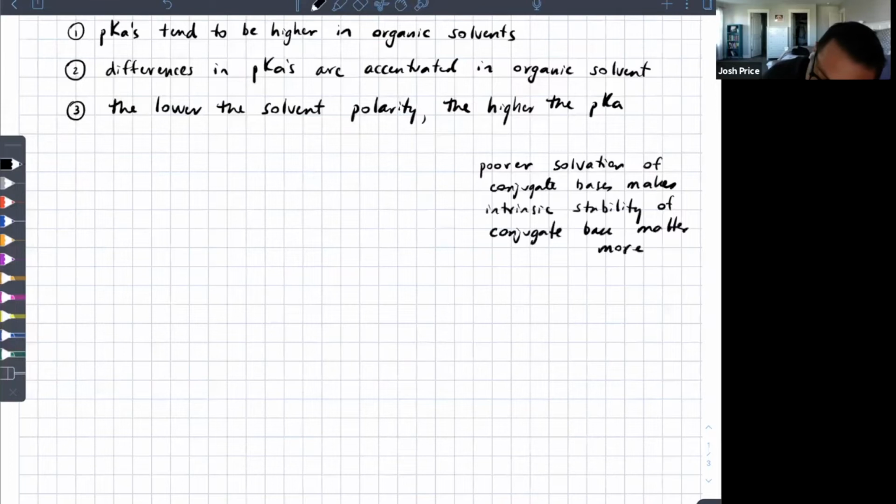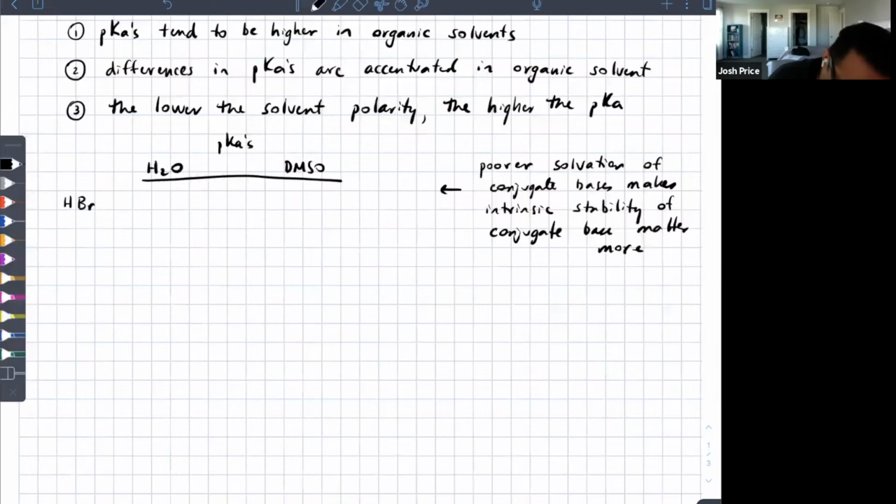So as an example of that principle, you can compare in water and DMSO the pKa's of these acids, and we can actually just look at the halogen series, HBr, HCl, and HF.